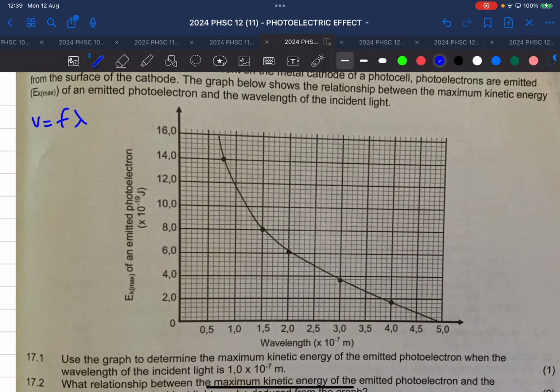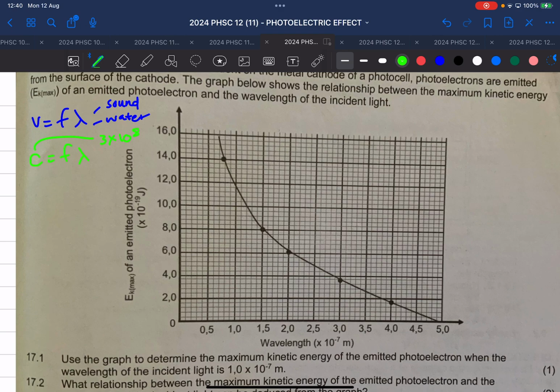We use this formula when we are busy with sound waves or water waves. Are you busy with sound or water waves? No. We are busy with the electromagnetic spectrum, where this formula changes to c is equal to frequency times lambda. What is c? The speed of light, 3 times 10 to the power of 8. That is a constant that you'll find on your data sheet.